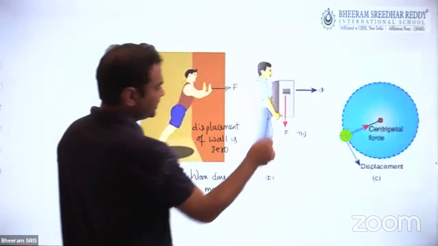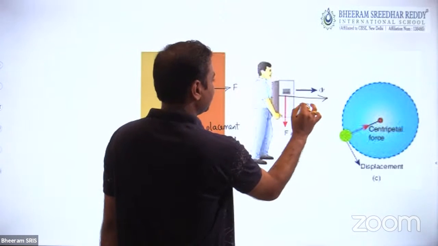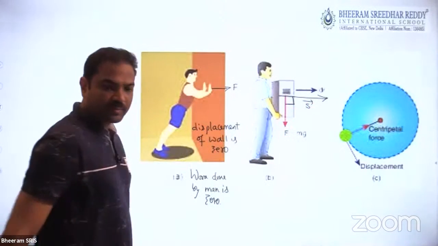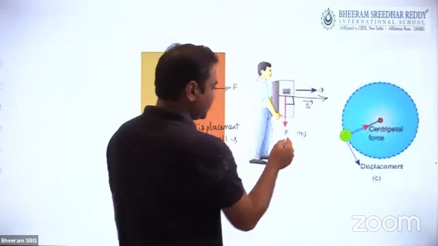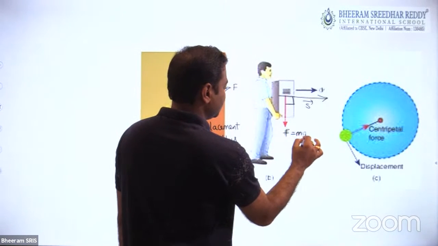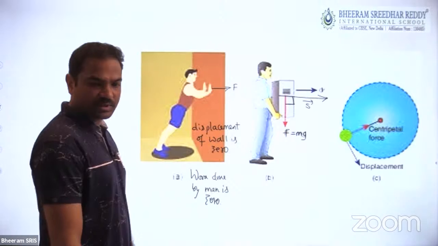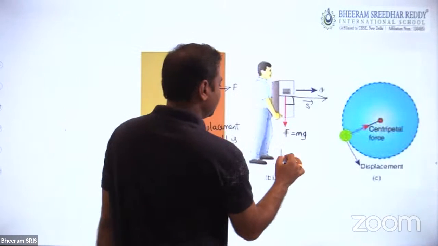In the previous case, mg is acting downward, but he is moving in the forward direction. Both are perpendicular to each other. So work done by mg is equal to 0. Now work done by weight is 0.